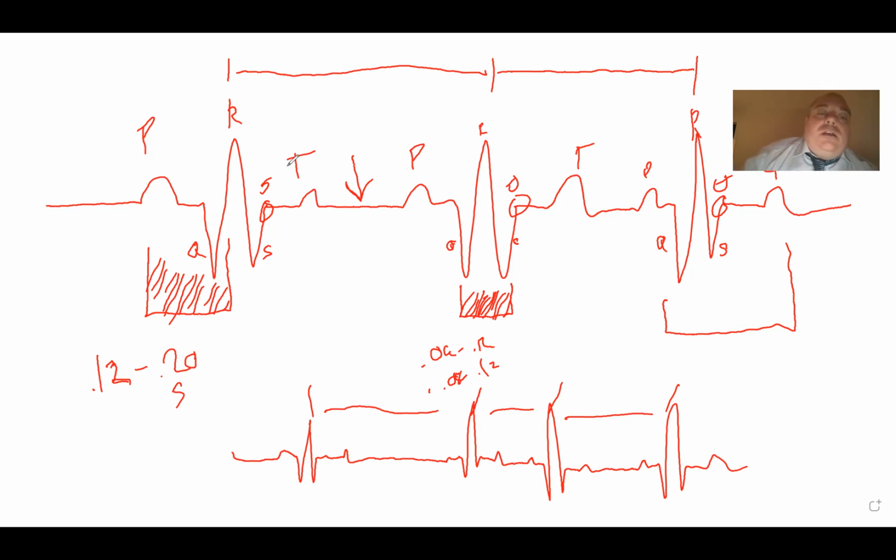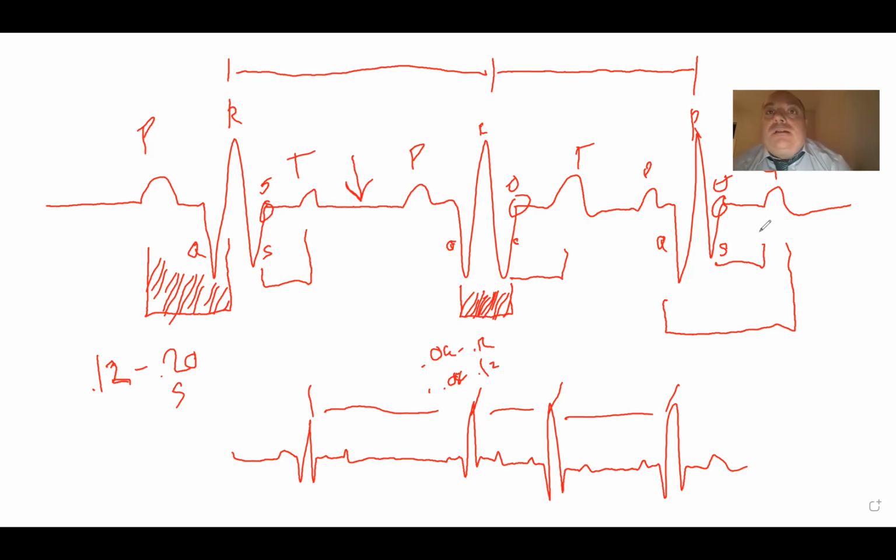The J point gives you an idea of this ST segment right here, and we want that ST segment at the J point to be equal in height to the baseline. Because when we start looking at 12 leads and looking for signs of myocardial ischemia or myocardial infarction, we're going to look at that J point.